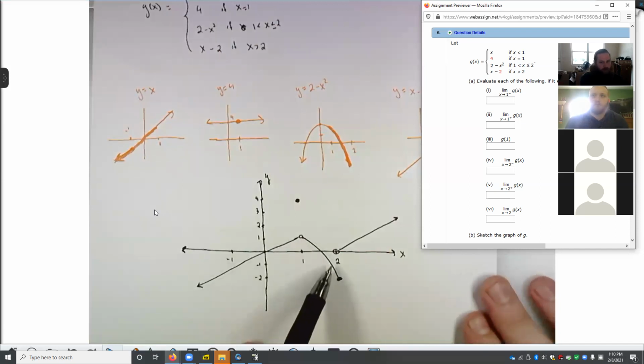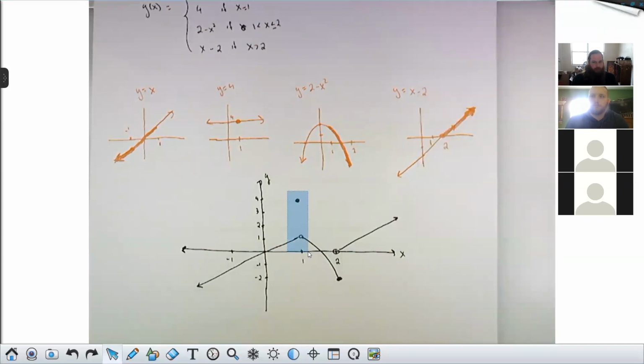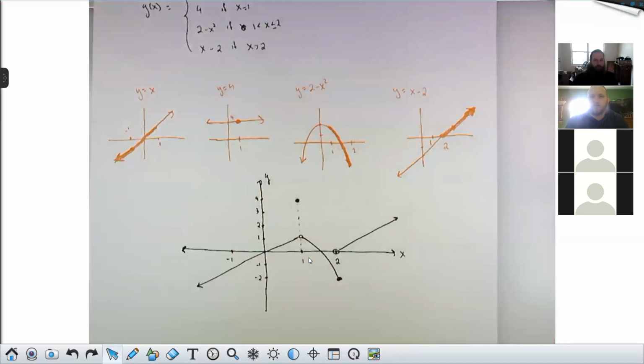And the limit as x goes to 1 from the right? Also 1. What about g of 1 itself, part 3? So I would think it would be 4. Yeah, g of 1 itself is all the way up there at 4.